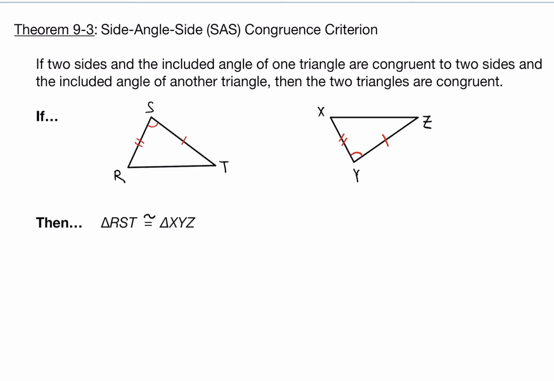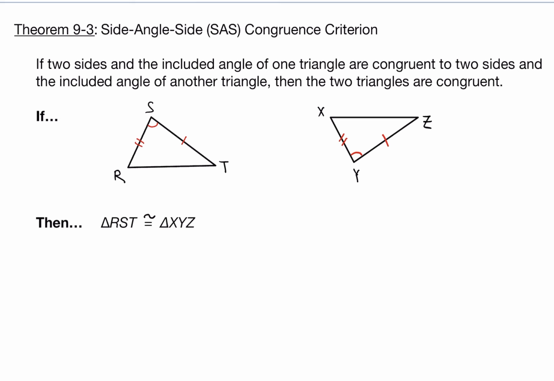If those two sides and the included angle are exactly the same as that in the second triangle, so side YZ, XY or YX, and angle Y, then both triangles are congruent.